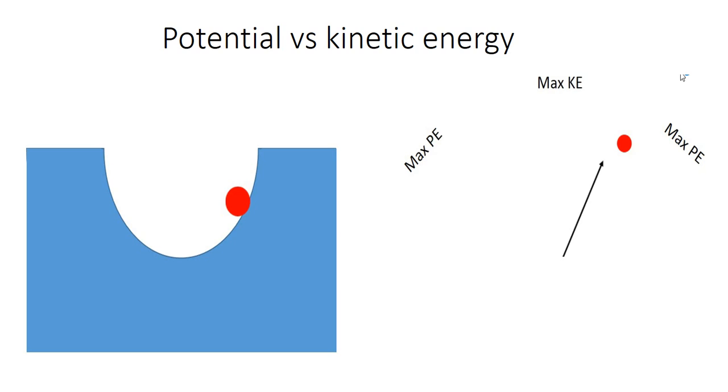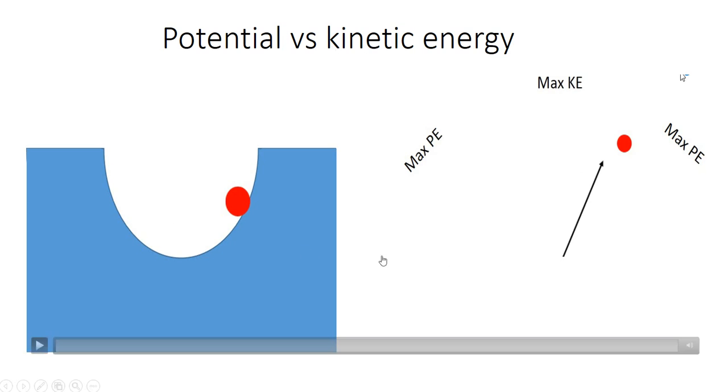Now let's look at the relationship between the potential and kinetic energy. So we'll see the animation. Maximum potential energy is here because that's the highest position, and here maximum kinetic energy is here.